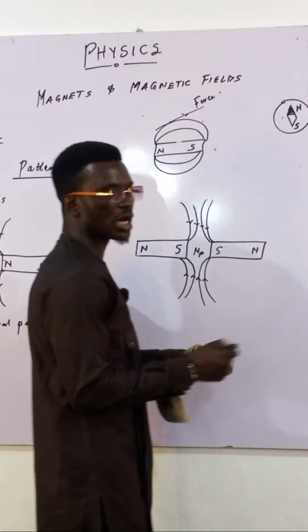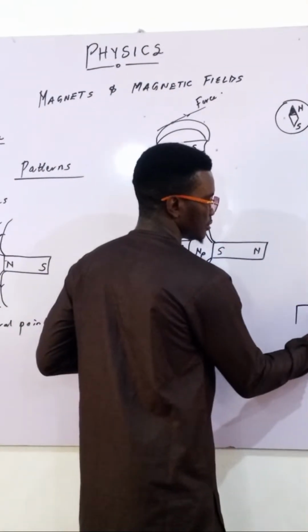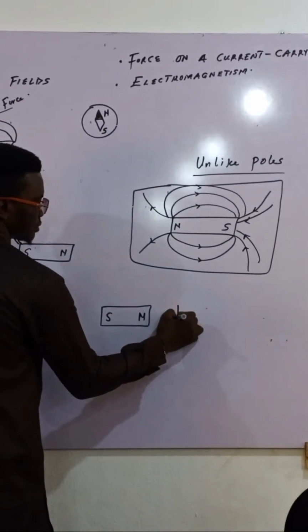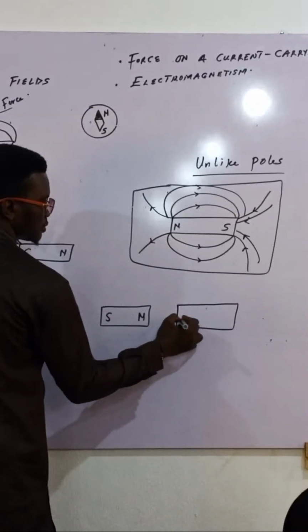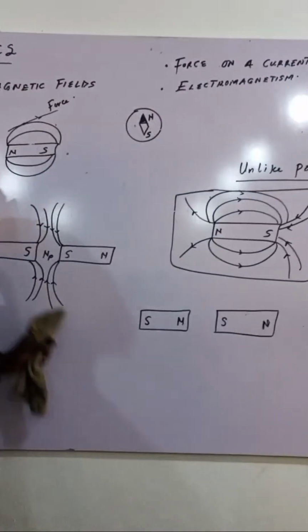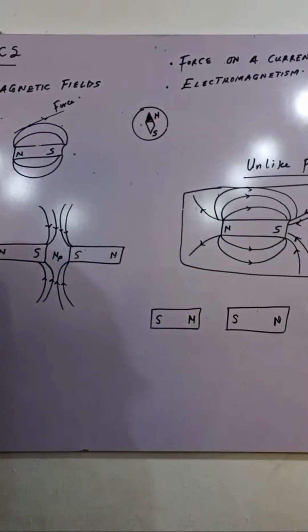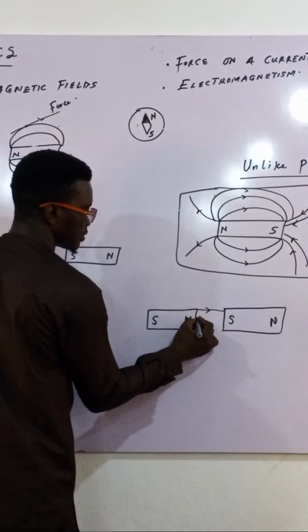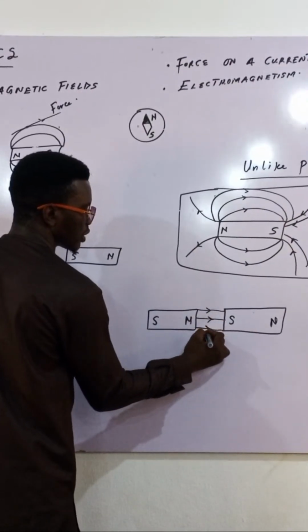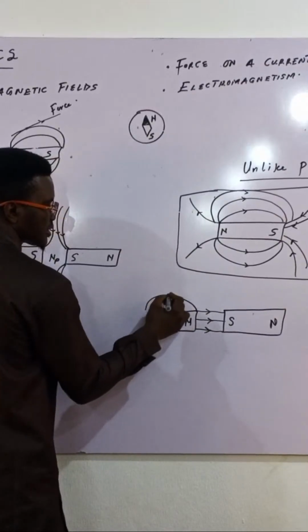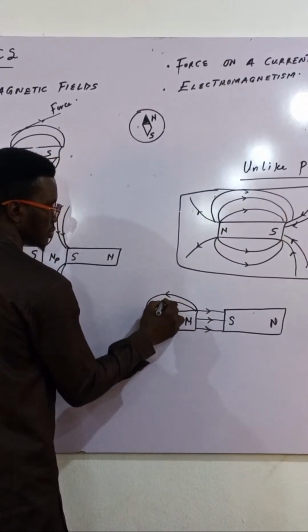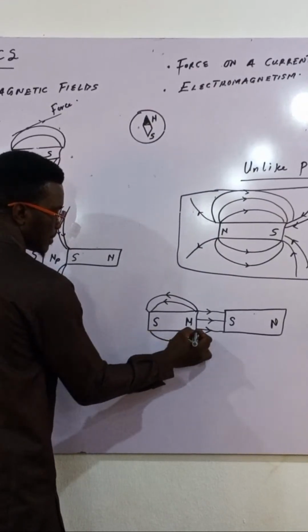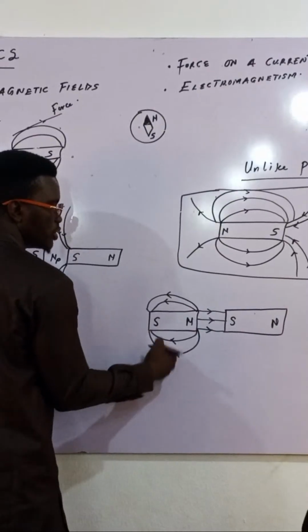So you can also have it like this. Do you think I will have a neutral point here? Because it will run from north to south. So all of it will block. This one can also run like this. You don't really need all those ones.